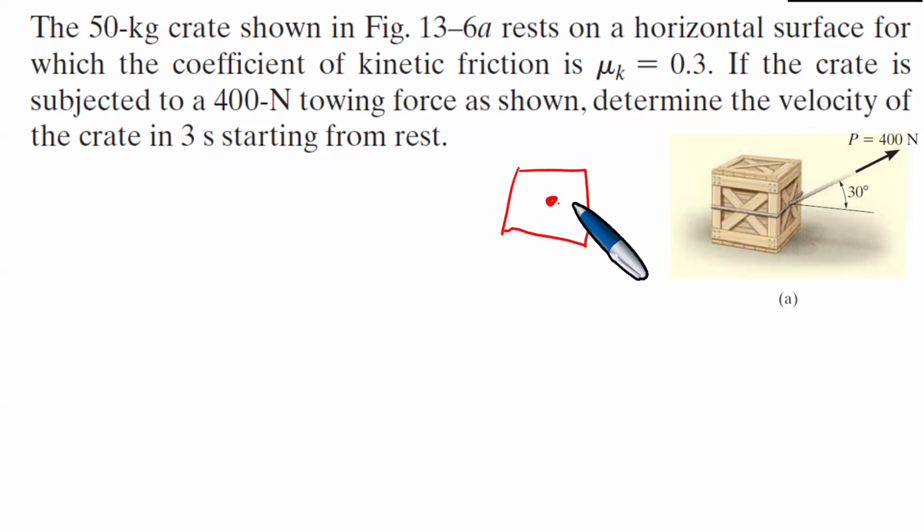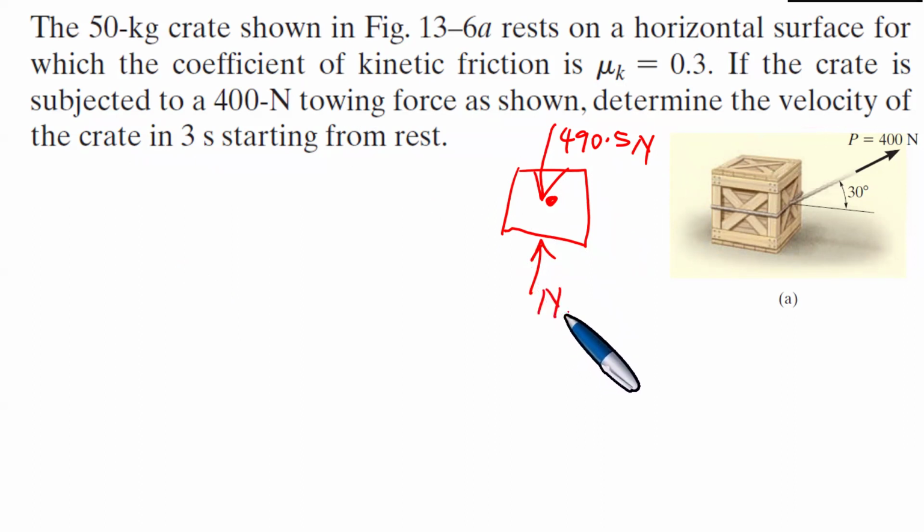If this is the center of mass, it has a downward force through the center, which is the weight, and this downward force is 490.5 newtons. We have an upward force, and the upward force is exactly the normal force.